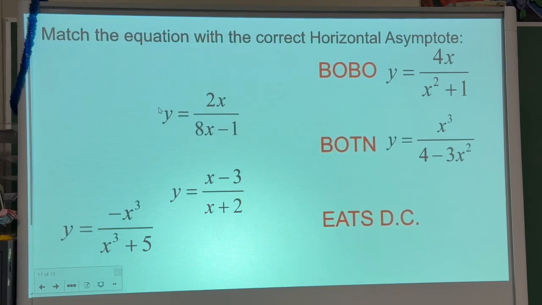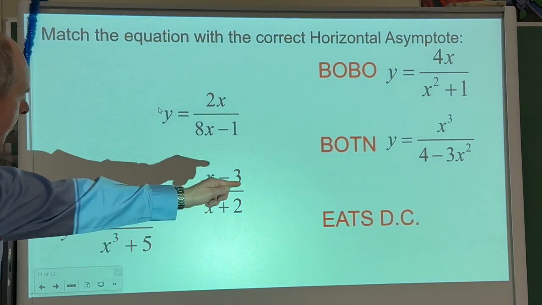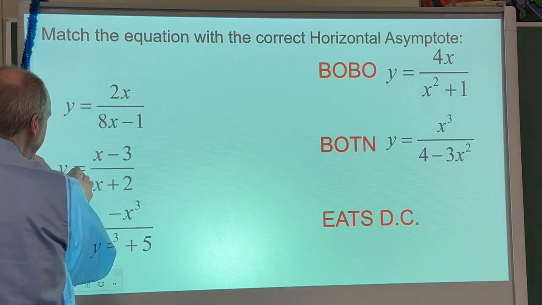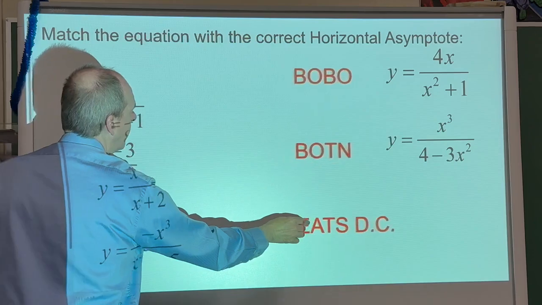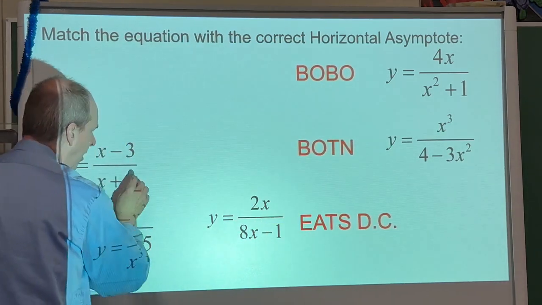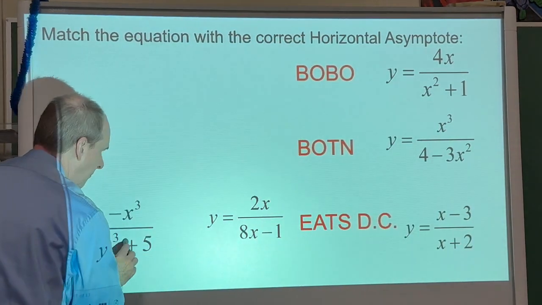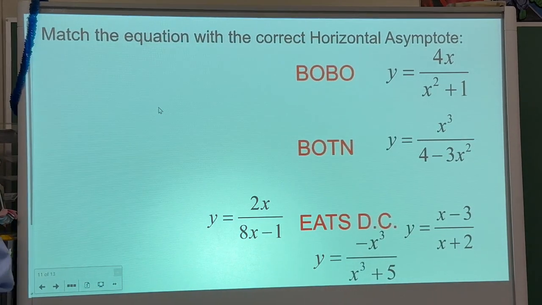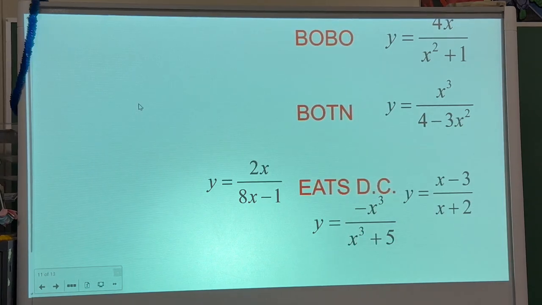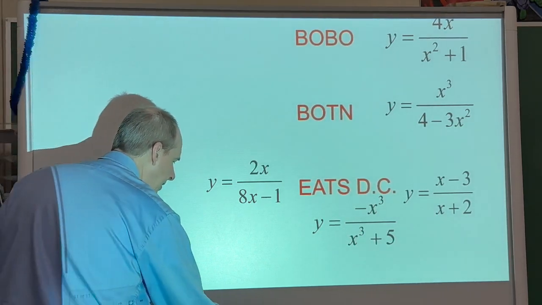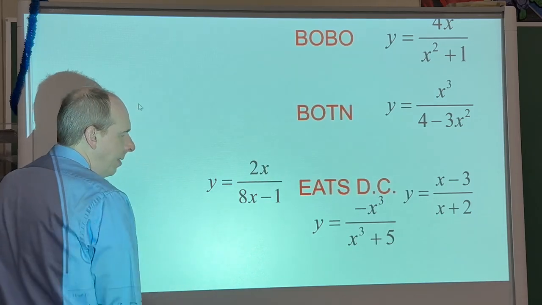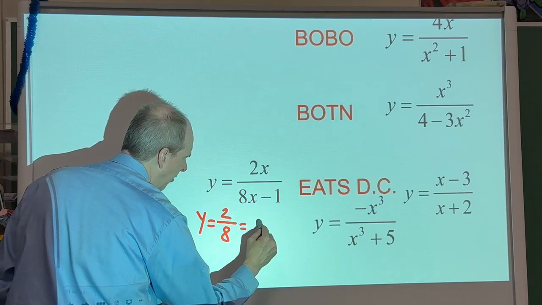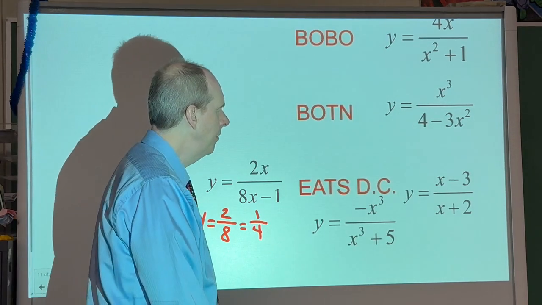Exponents are the same. Well, 3 and 3, 1 and 1, 1 and 1. So all of these here, our exponents are the same. How do we find our horizontal asymptotes when the exponents are the same? We divide our coefficients. So let's try that. 1 and 1 is my exponent, so I take y equals 2 divided by 8, which is 0.25 or 1/4.